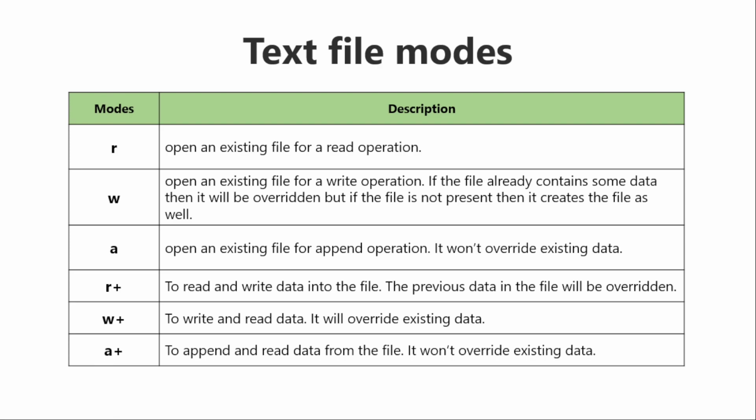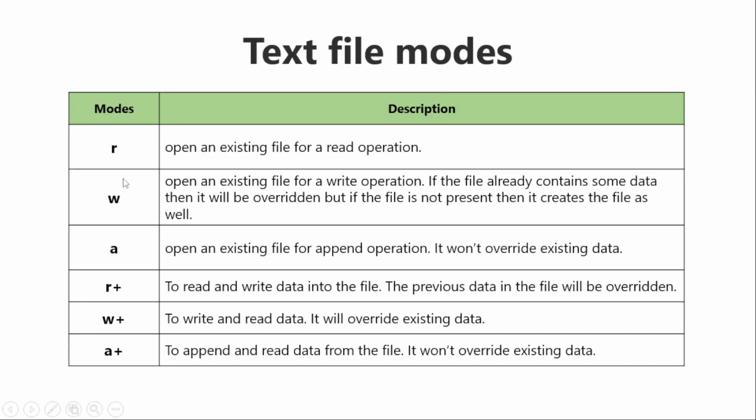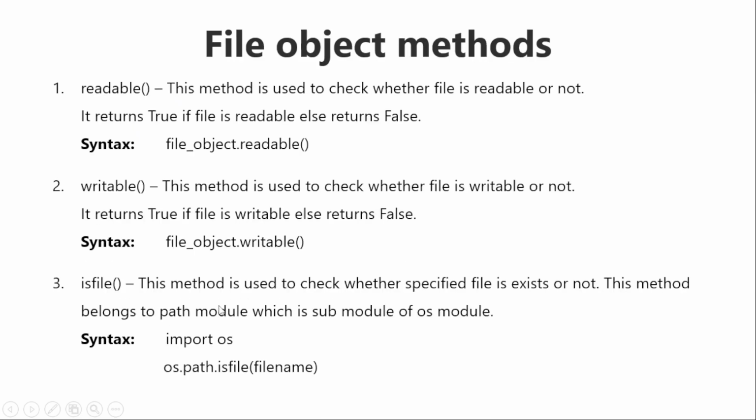I think we have discussed RWA, so first let us complete all the file object variables and file object methods with respect to RWA, because R plus, W plus, A plus is content you will be able to learn after understanding some methods.